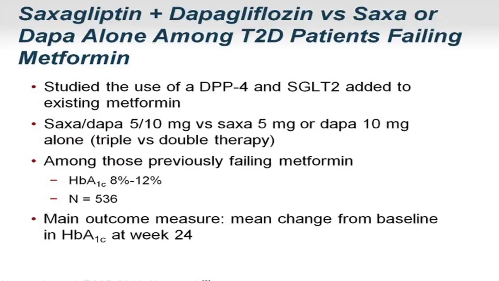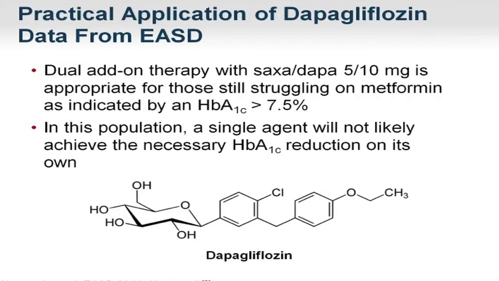And again, at the end of 3 months, looked at the data. Right, and it looks like the combination gave you at least a nearly 1.5 percentage reduction in A1C compared to either agent alone. So there is some sort of additive effect when you combine the two agents. Hypoglycemia, a little bit more compared to either one alone as well.